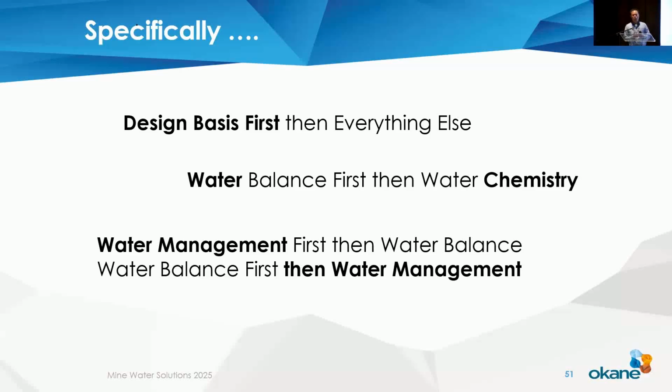And lastly, water management comes first, before that water balance model kicks in. And that does not have to be sequential. Sometimes once we have the water balance model, we want to look back into our water management plan, and that iterative process should really be the norm in model development.